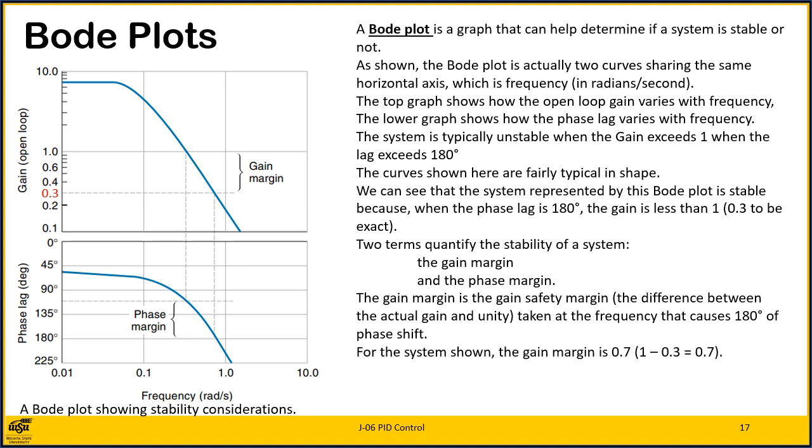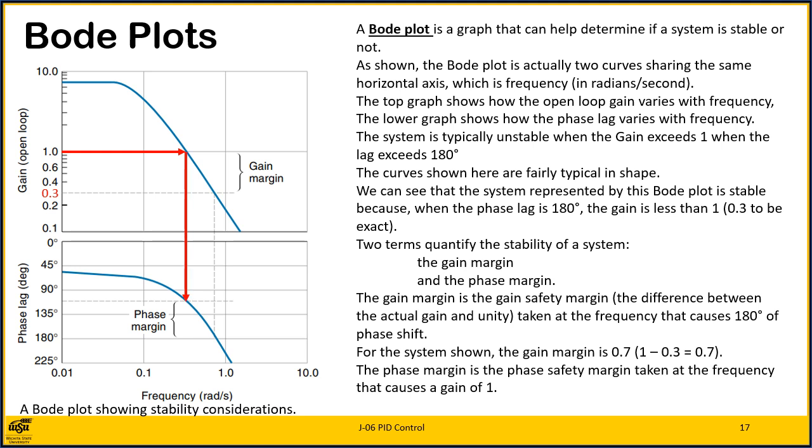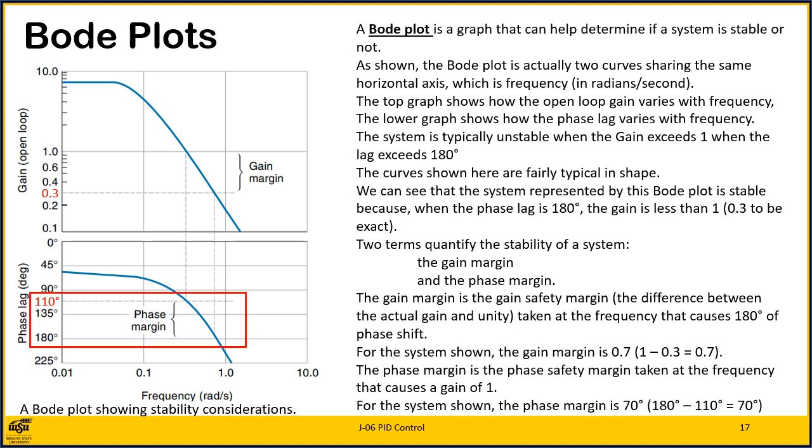For the system shown, the gain margin is 0.7, which is 1 less 0.3, which is equal to 0.7. The phase margin is the phase safety margin taken at the frequency that causes a gain of 1. For the system shown, the phase margin is 70 degrees, 180 degrees less 110 degrees equaling 70 degrees.